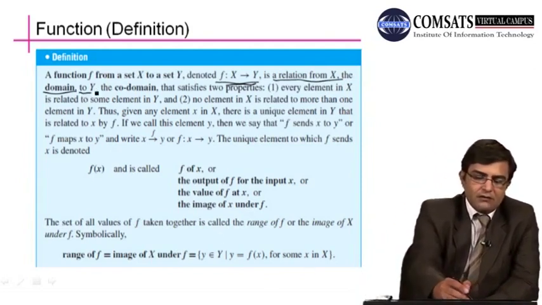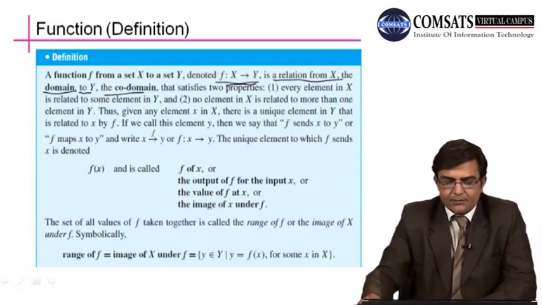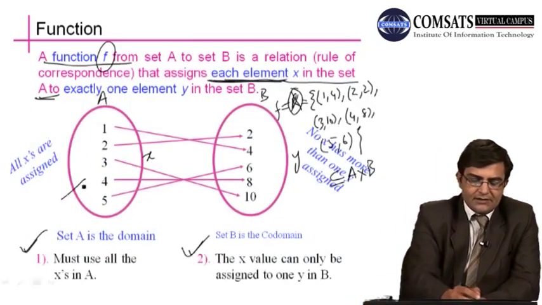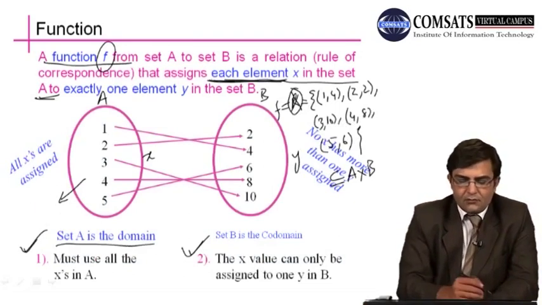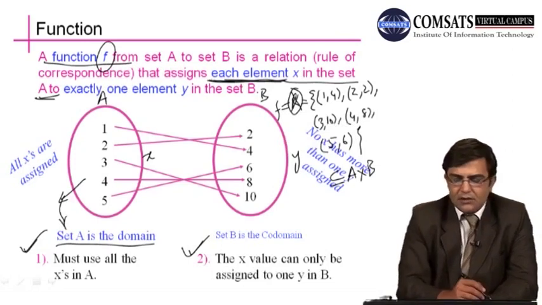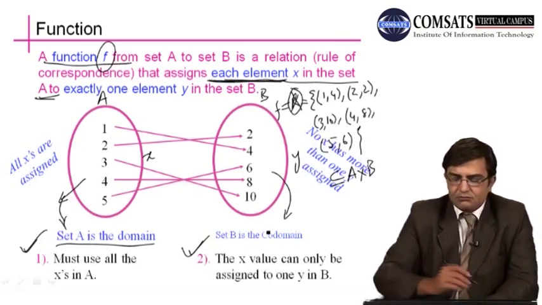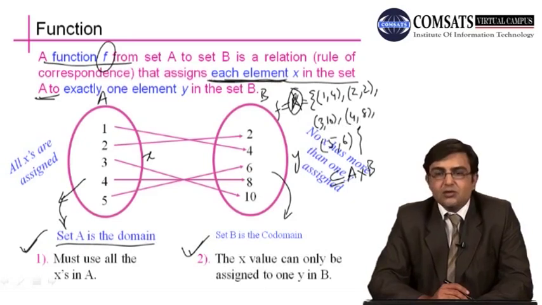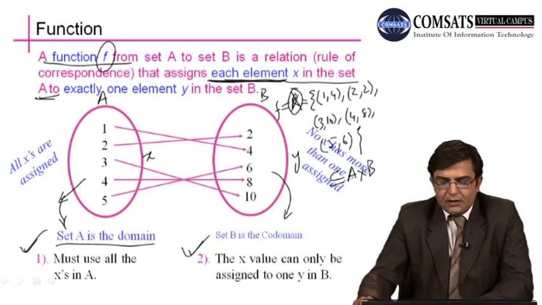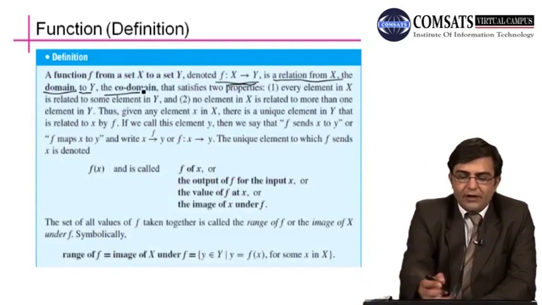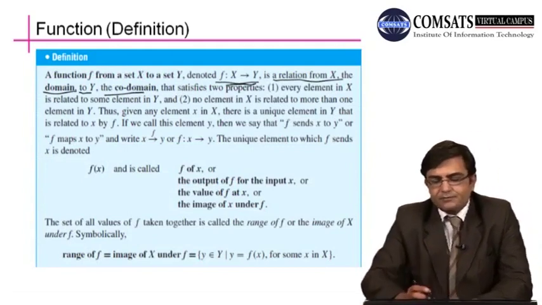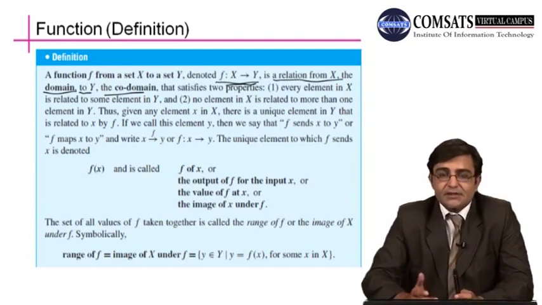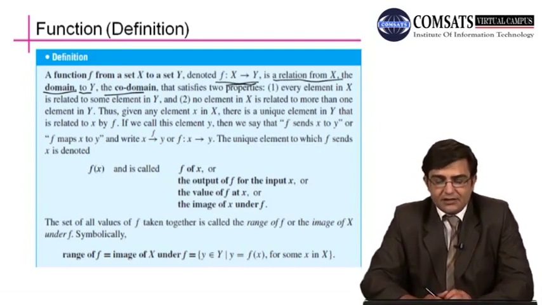Here in the previous example, this set is the domain, and the second set is called the codomain. A function is a special type of relation which satisfies two properties.